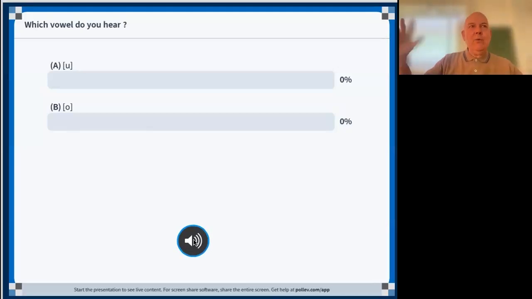Do you hear an U vowel or do you hear an O vowel? You all speak French natively, fluently, so that we're not introducing a language effect here, because obviously that will determine perception as well. But here we are. What do you think?